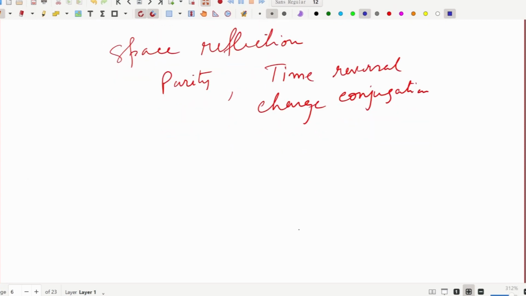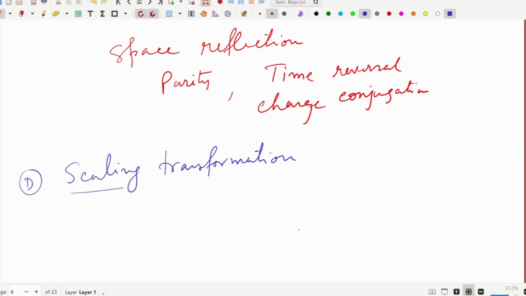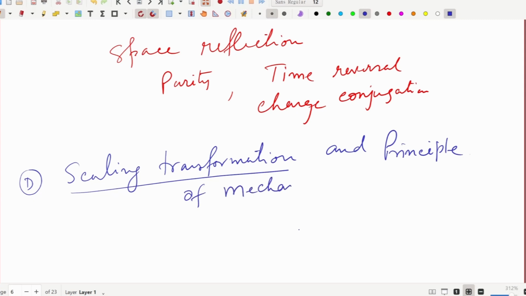So, next we consider scaling transformation and the principle of similarity.